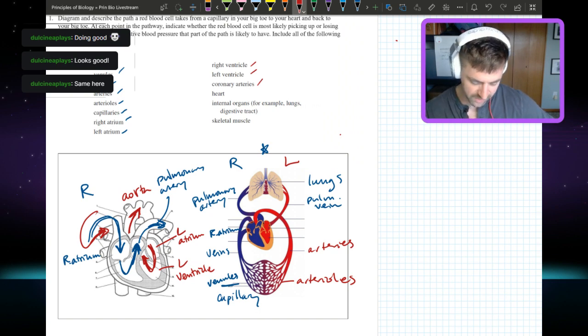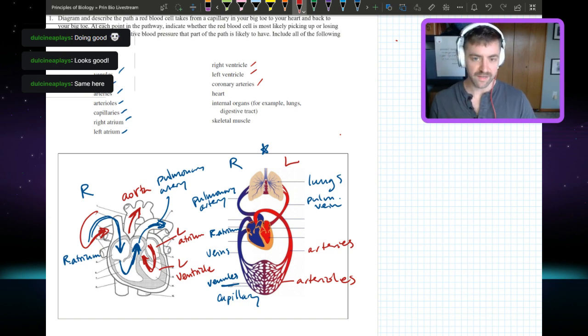Coronary arteries are those arteries supplying the heart. So coronary is a good word to know, just means related to the heart. Arteries are supplying vasculature. So coronary arteries supply the heart with the blood that it needs to function.